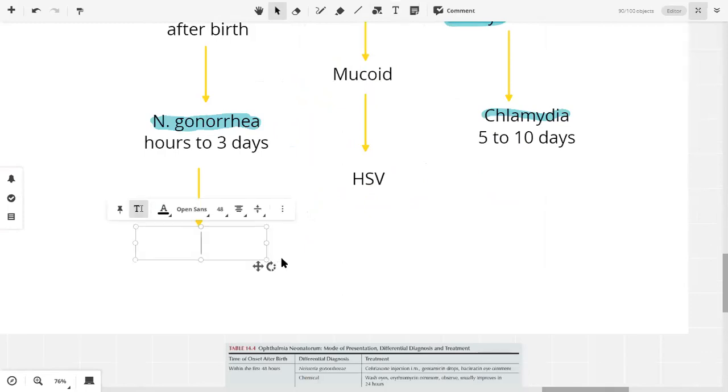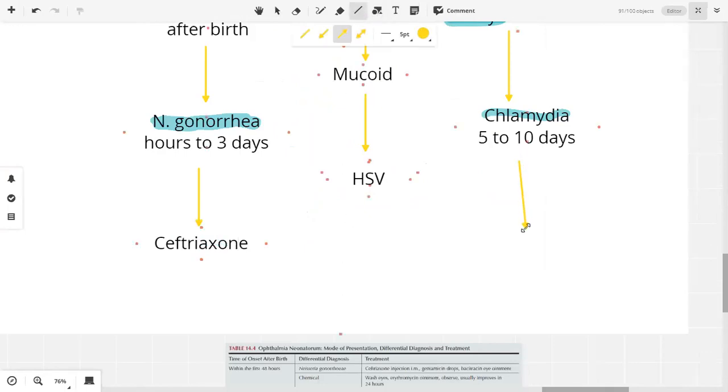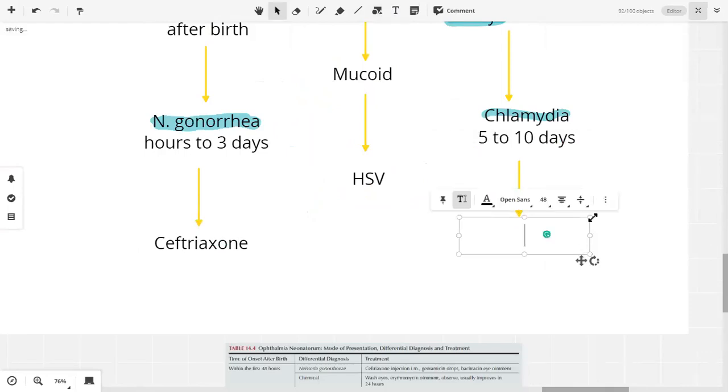What is the drug जो हमने डिस्कस भी की थी? Ceftriaxone. ठीक है, ceftriaxone. And for the treatment of chlamydia, we've discussed the drug is either a tetracycline or macrolide. So azithromycin, azithro or tetra.